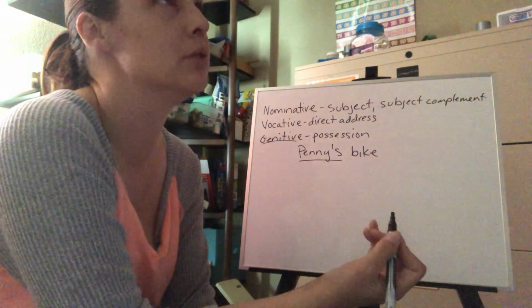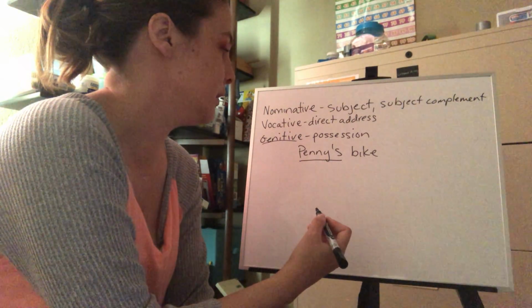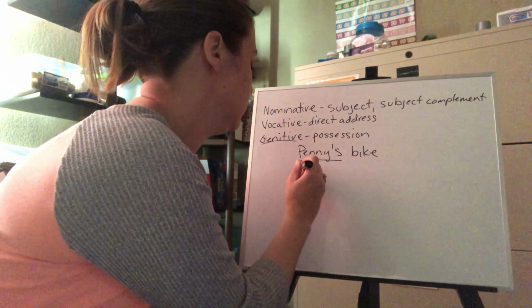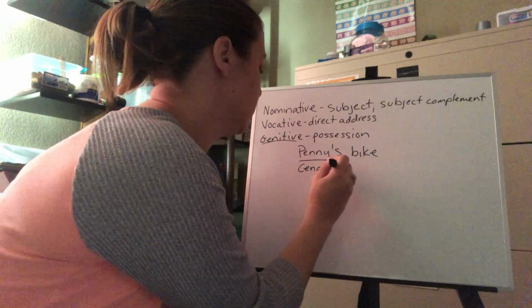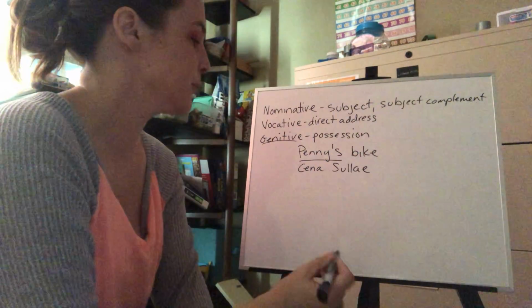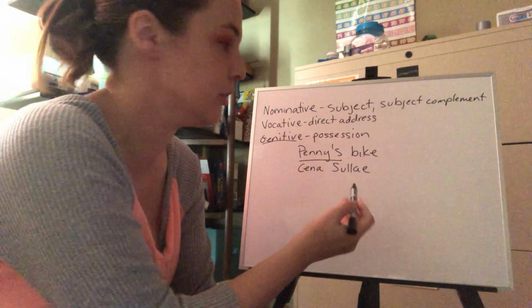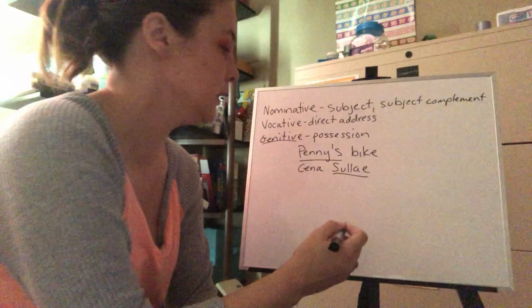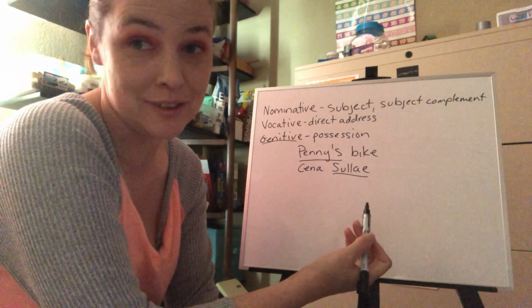But I could do, let's see here. Okay. A feast of Sulla, or Sulla's feast. Okay, this is a genitive. Okay, and notice the word order doesn't exist.